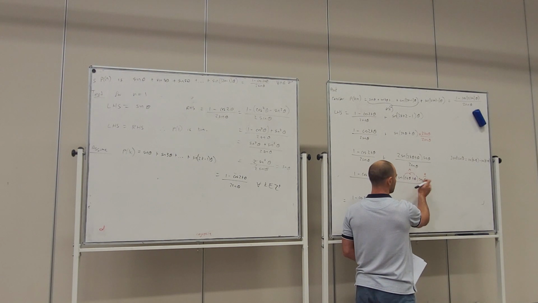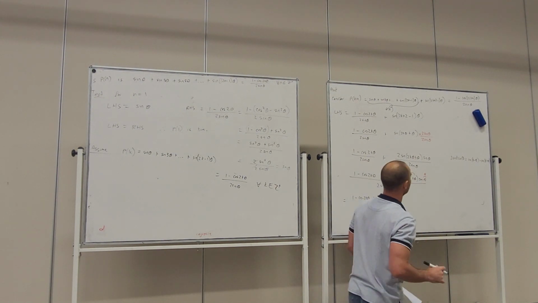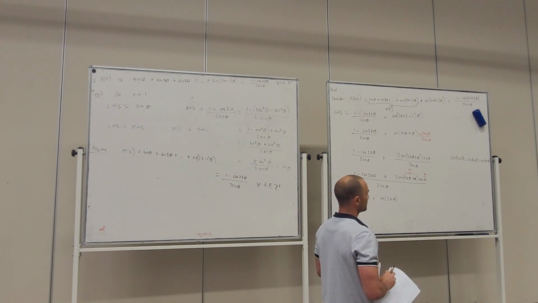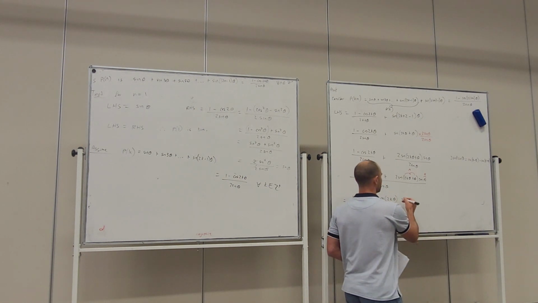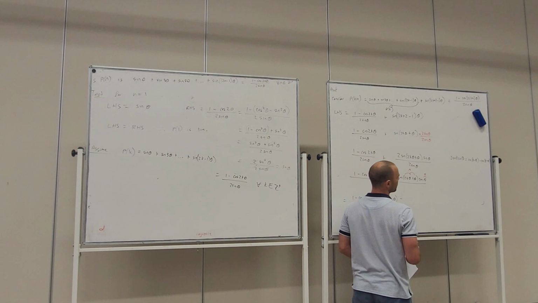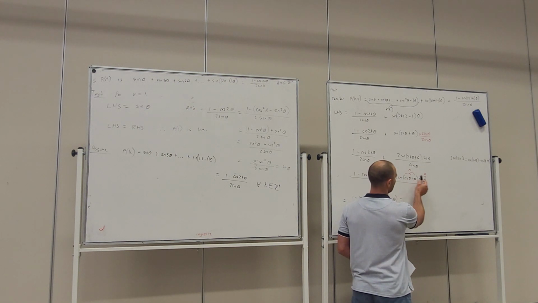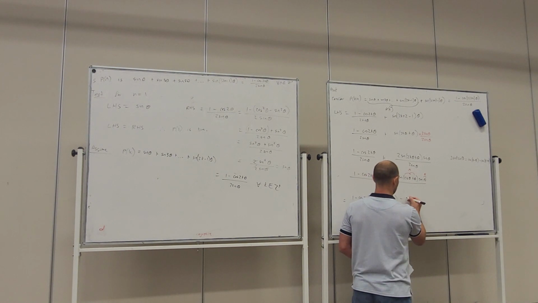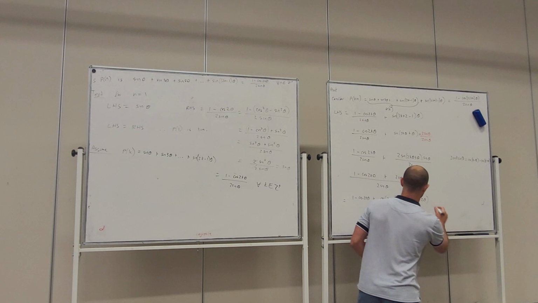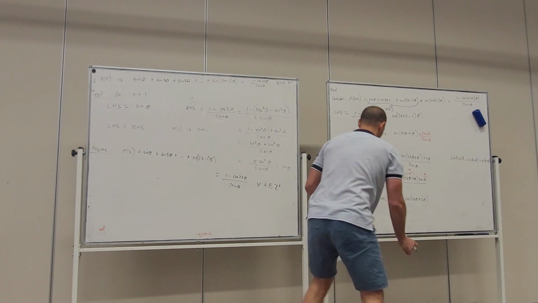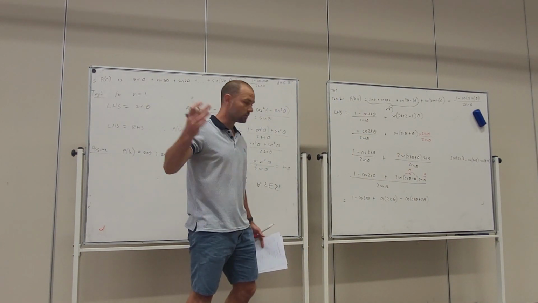The thetas will cancel. We'll just be left with 2k theta, cos of A take B. And then we have to take away cos of A plus B. Okay, 2k theta plus theta. That's going to give me 2k theta plus 2 lots of theta. Now, all of this is still on top of 2 sine theta.